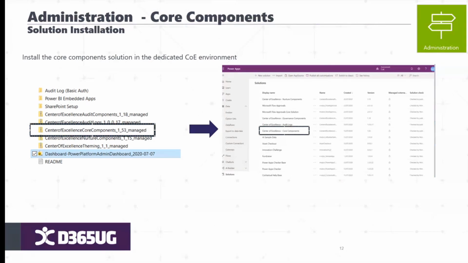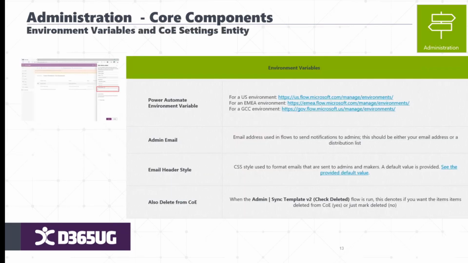As we said, starting with the first solution, you have the Center of Excellence Core Components managed solution that you will install as part of the administration piece. That's the first solution that you install. Once you install the solution, there are a couple of environment variables, and there is a COE settings entity that comes as part of the managed solution.